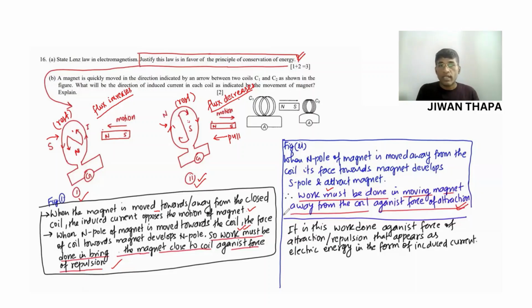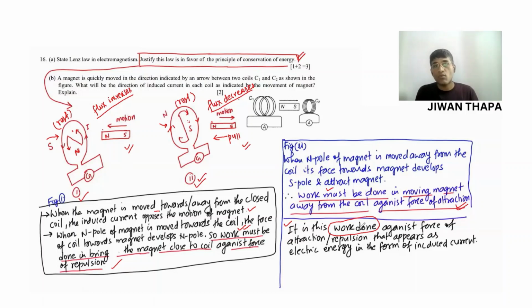So it is found that this work done, we are doing work done against the force of repulsion in this case, and in this case work has to be done against the force of attraction.